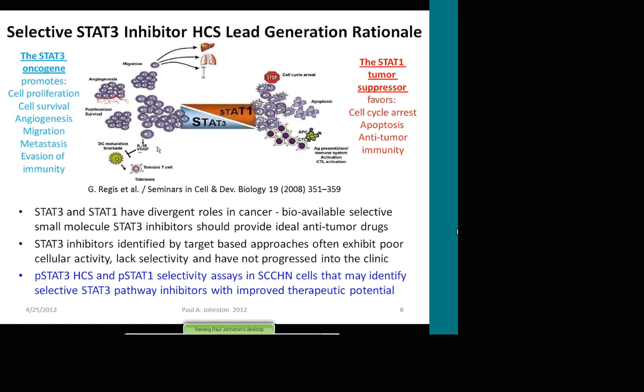There's a lot of data now that says that STAT1 activation favors cell cycle arrest, apoptosis, and anti-tumor immunity. And so the ideal inhibitor would be one that selectively inhibited STAT3 but did not inhibit STAT1.